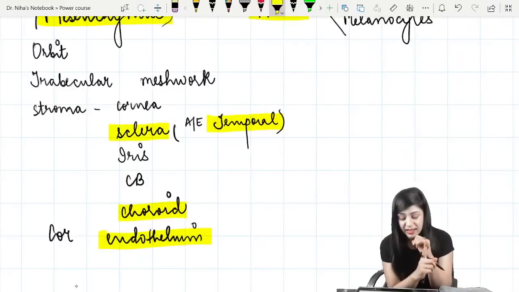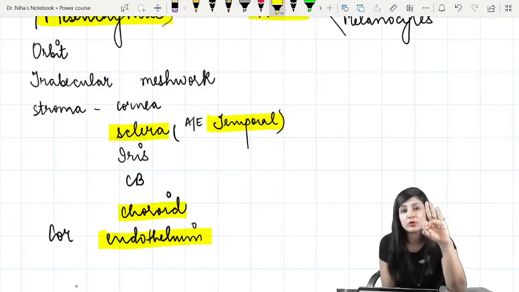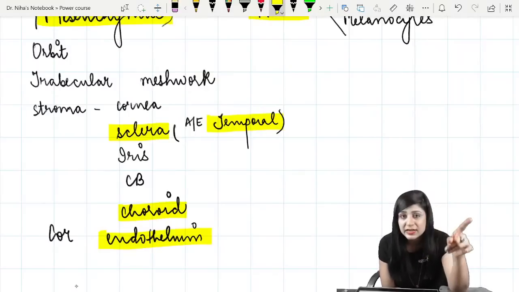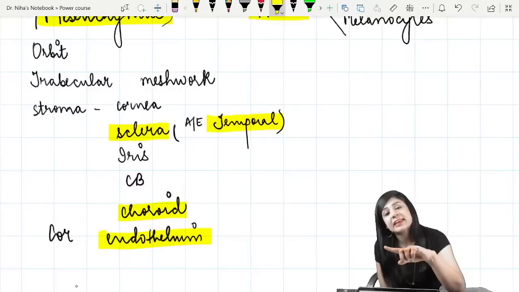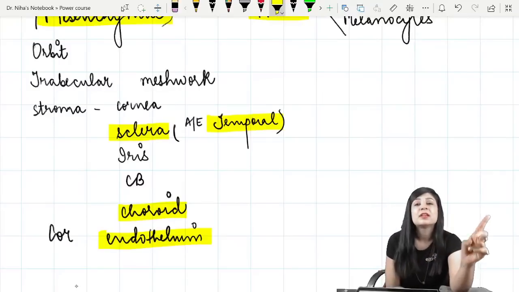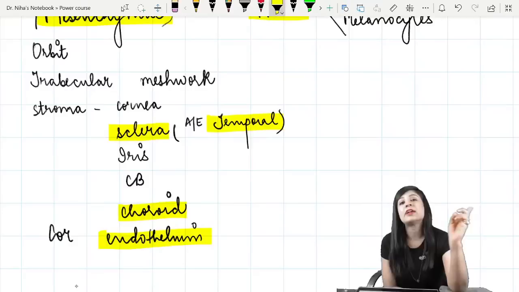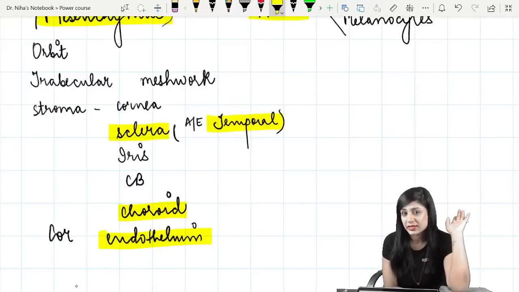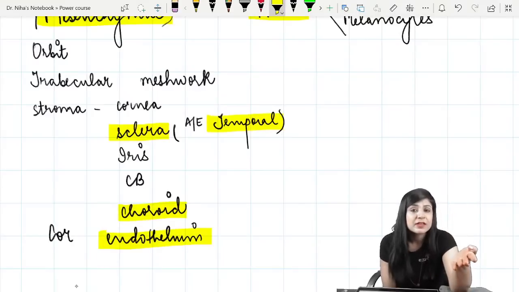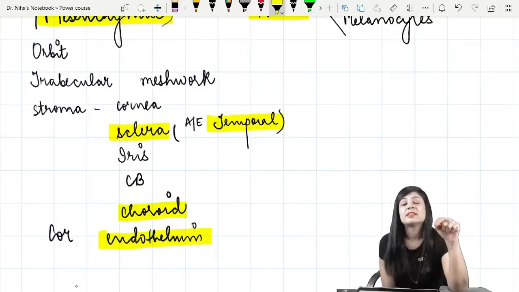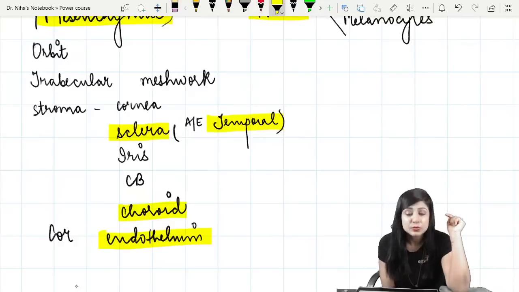We have sclera, choroid and endothelium. If they say sclera, totally sclera, then the answer is neural crest. But if they say temporal sclera, then your answer will be mesoderm. Similarly, choroid: if they say choriocapillaries, the answer is mesoderm. If they say choroidal stroma, then the answer is neural crest. If they say only endothelium, it is the mesoderm. If they say corneal endothelium, then the answer will be the neural crest.